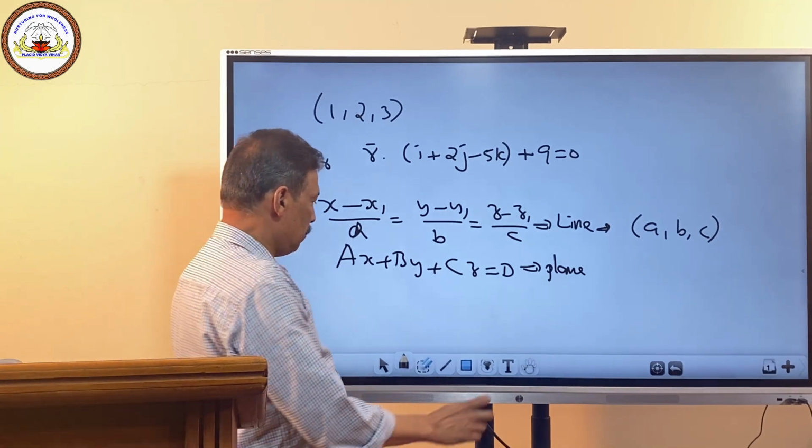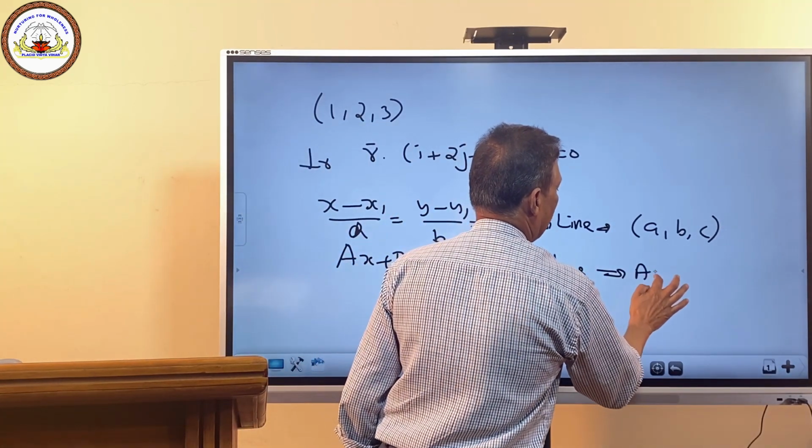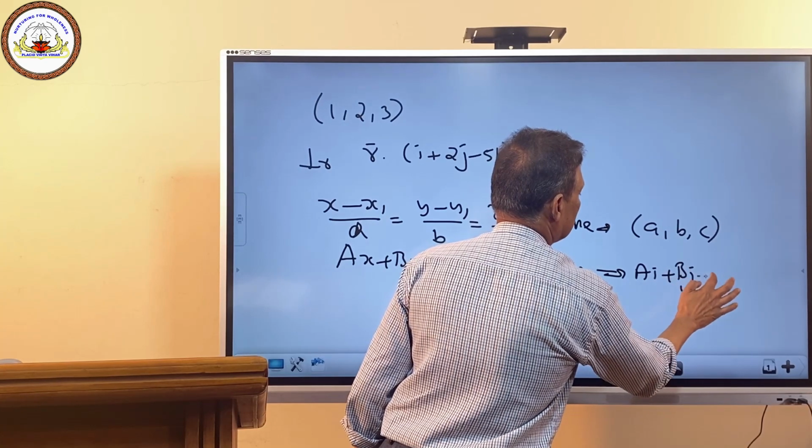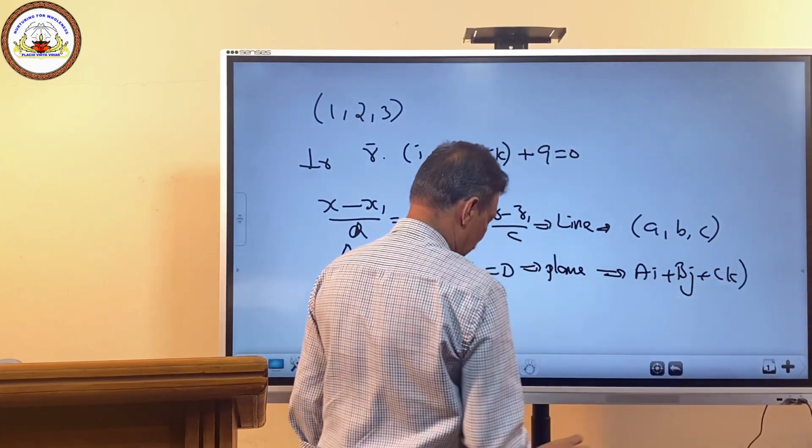But in the plane, ai + bj + ck is a vector, the normal.